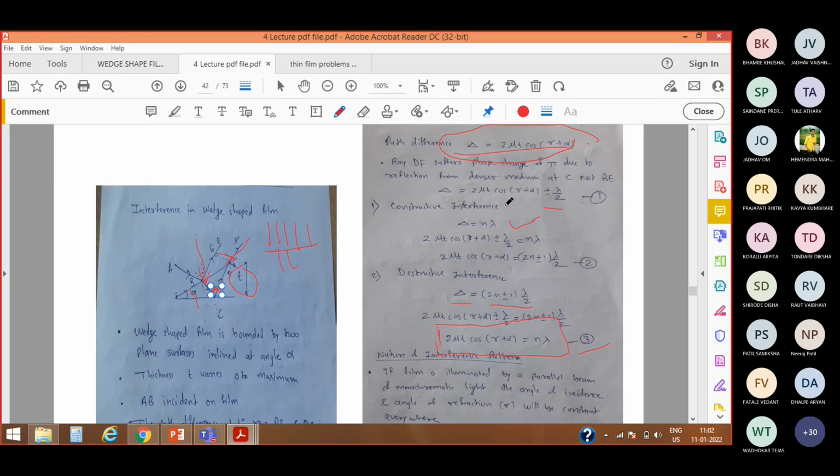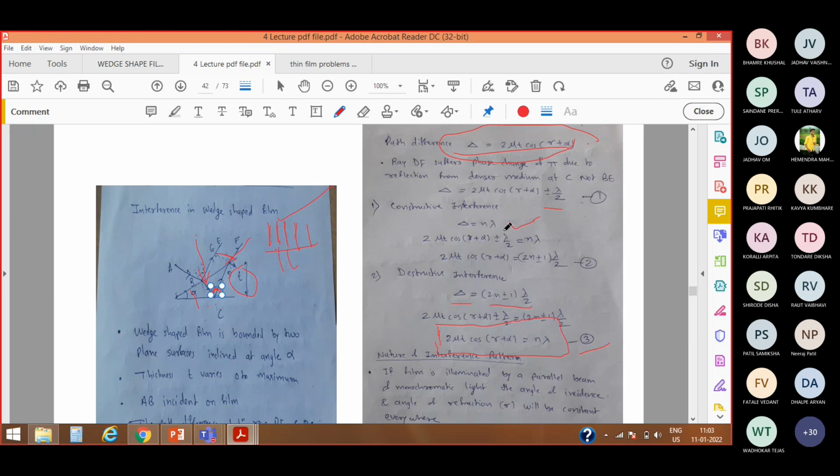For constructive interference, constructive means getting the white line. I get dark fringes, then white, then again dark, then white. For the white fringe, the condition is that path difference delta is equal to n lambda, that means even multiples of lambda.